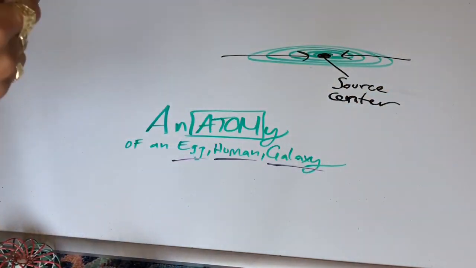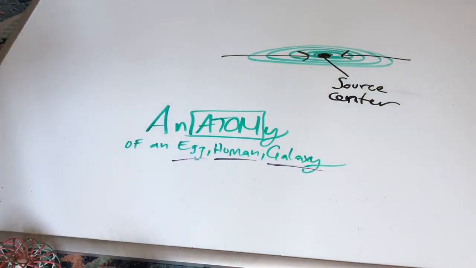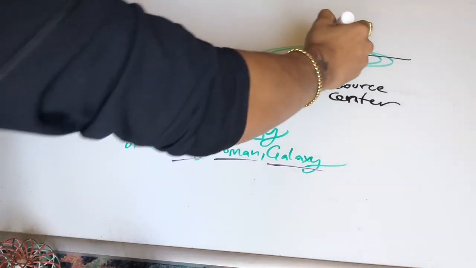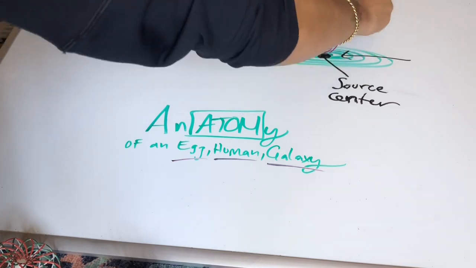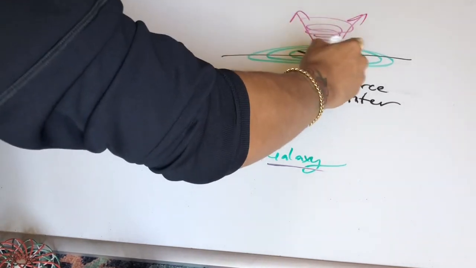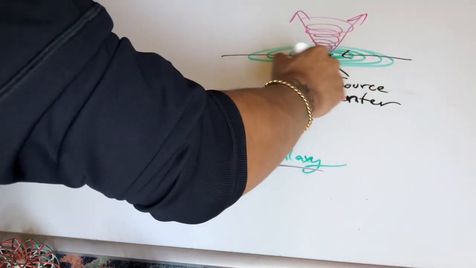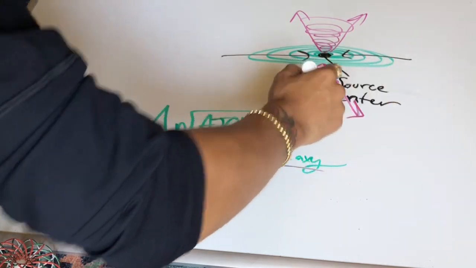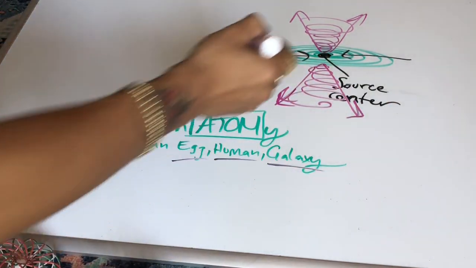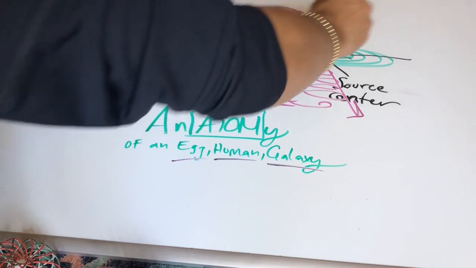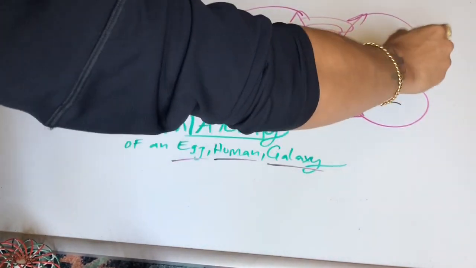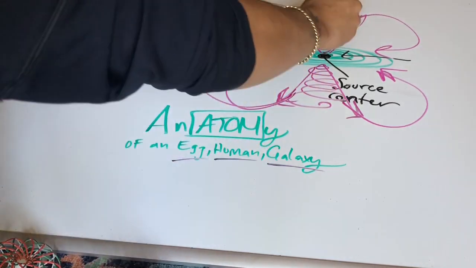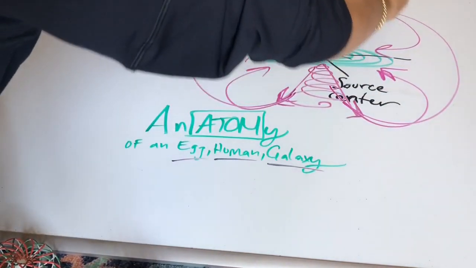It sucks inwards, but not everyone knows that there's an astrophysical jet stream that is shooting energy out of the top and bottom. Just like that. Okay? So the astrophysical jet stream goes out and in, out and in, out and in, out and in. But also the energy goes out and in, out and in.